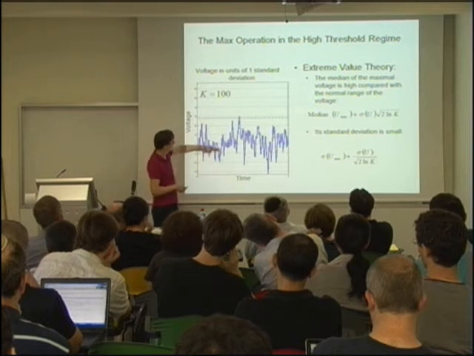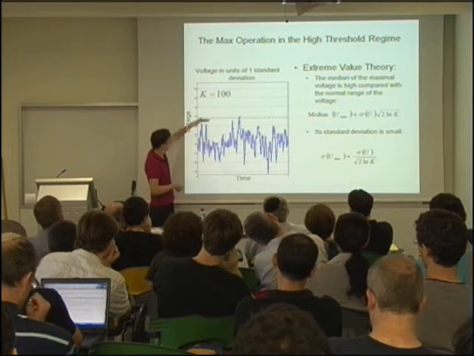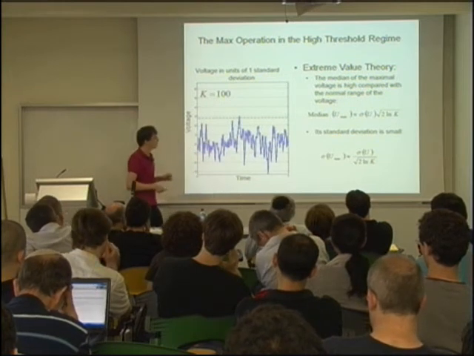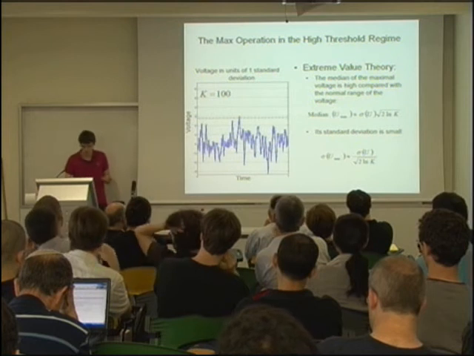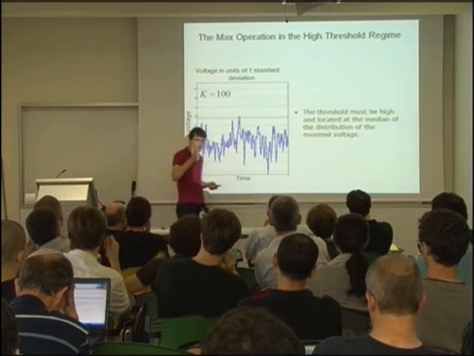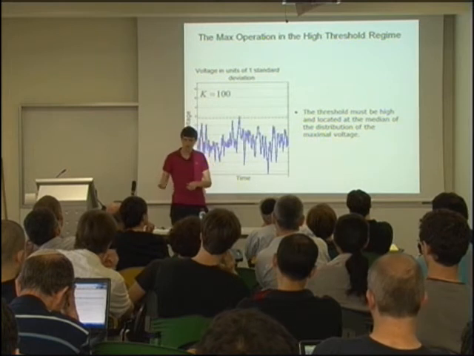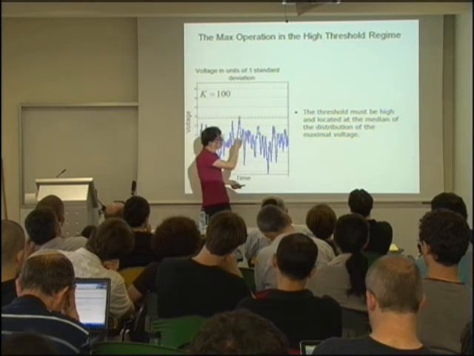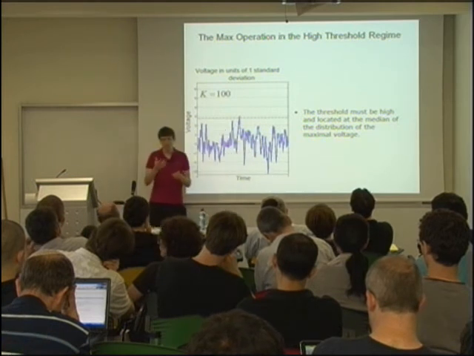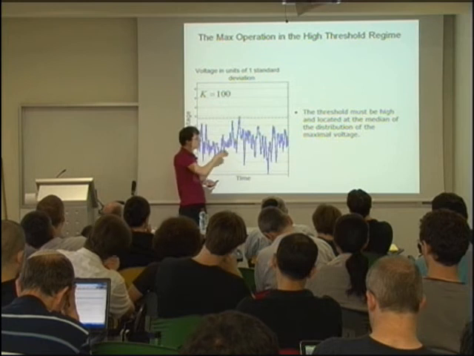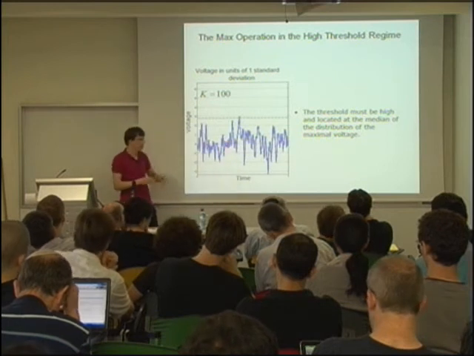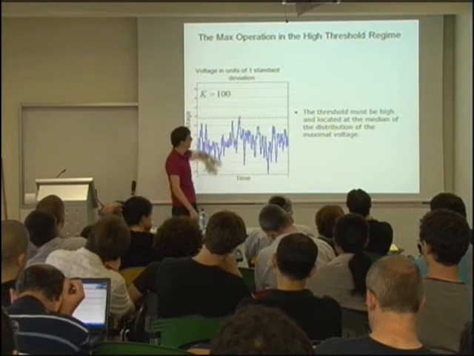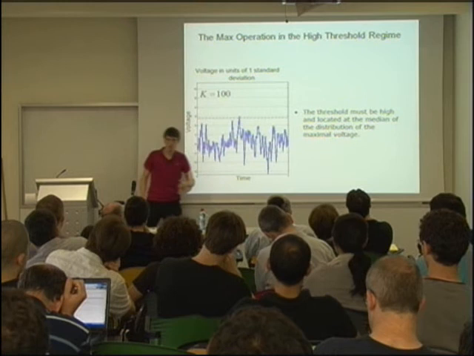Because of this large gap between the mean and the maximum, in order for the Tempotron to make the classification, because we demand of it that for half of the patterns it should not fire, and for half of the patterns it should fire, the result of the learning will be that the threshold is very high compared to the fluctuation of the weight. So we have to put the threshold at the median of the distribution of the maximal voltage.